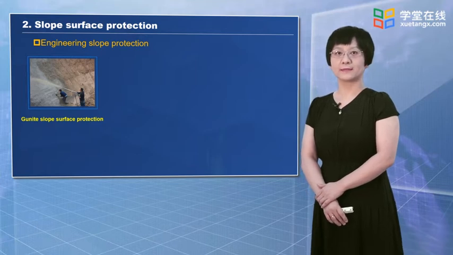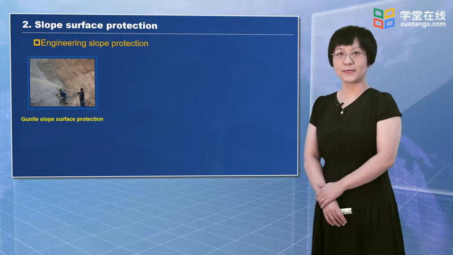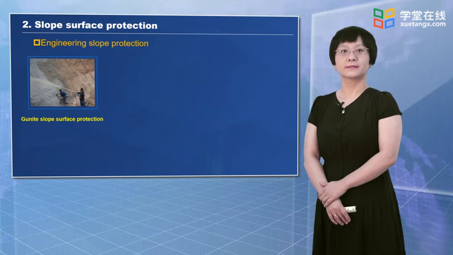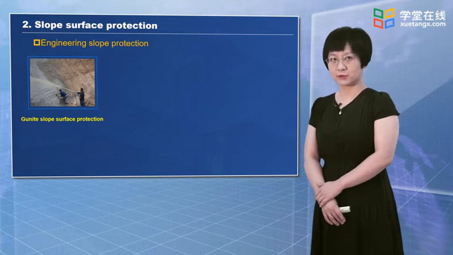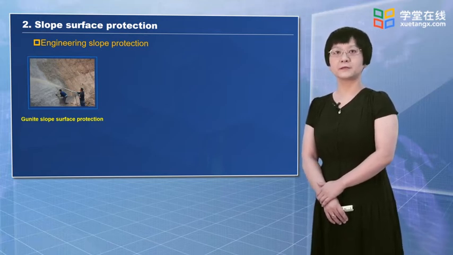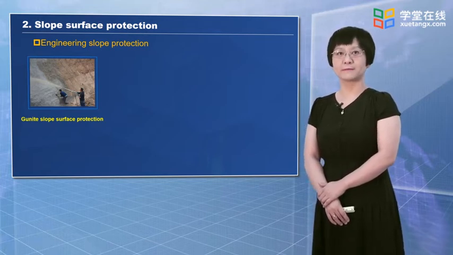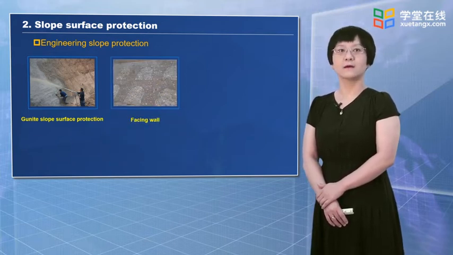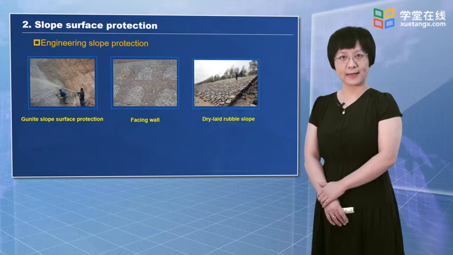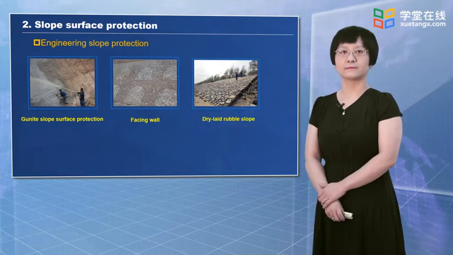Engineering protection belongs to inorganic protection, which is used on the cut slope of rock with sand, gravels, cement, lime, etc. The engineering slope protection methods may include the granite slope surface protection, the facing wall, the dry-laid rubble protection, and so on.